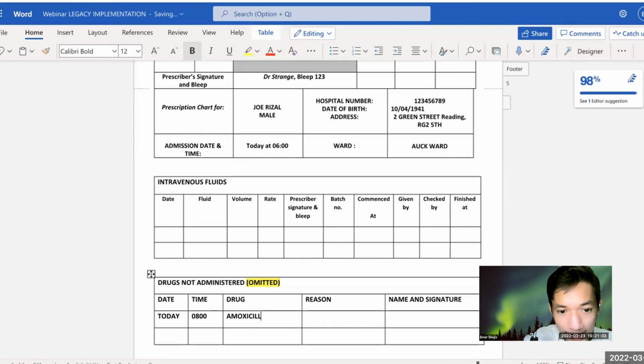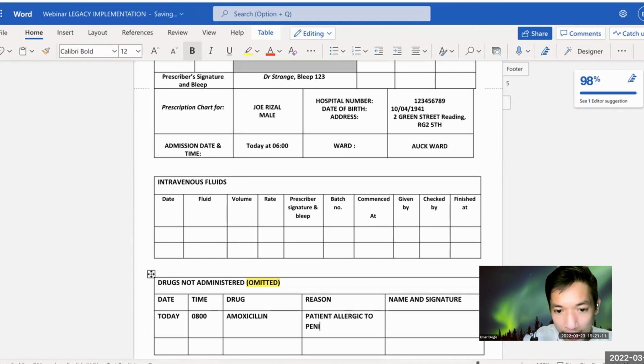And the reason is patient allergic to penicillin. And your name and your signature. So that's how you're going to write the omitted medication in this section. This is just an example, but for this drug chart, there is none.